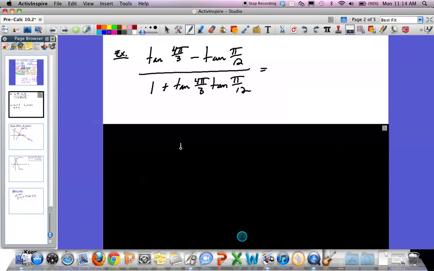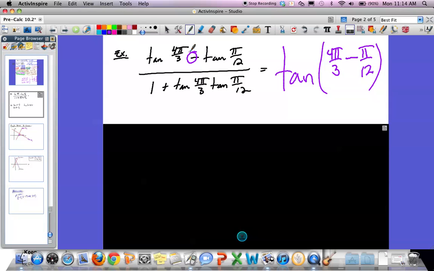And you would say, well, what we're talking about then is the tangent of, that looks like 4 pi over 3, and that would be a minus pi over 12. Because this is a minus, so then this one's going to be a minus. And we see that it fits the formula: tangent alpha minus tangent beta over 1 plus tangent alpha tangent beta. It fits the formula.